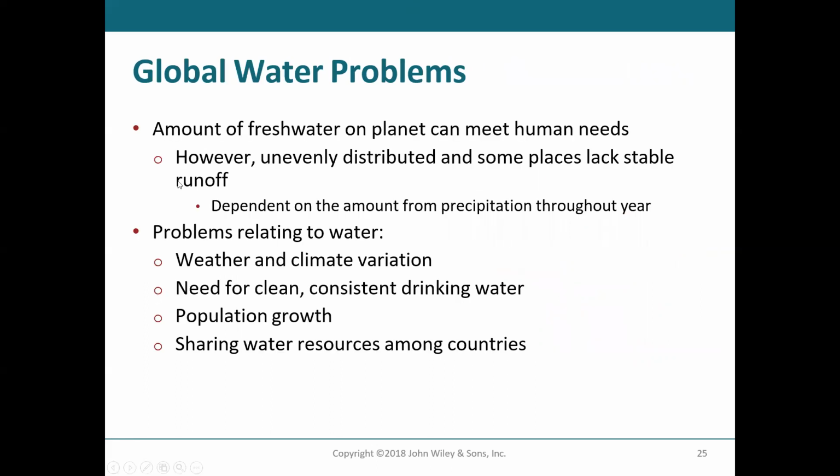So what are some of the global water problems? Well, as we know, data on water availability indicate that the amount of fresh water on the planet is adequate to meet human needs, even taking human population into account. However, we know that the distribution of water resources in relation to human populations is not feasible, right?